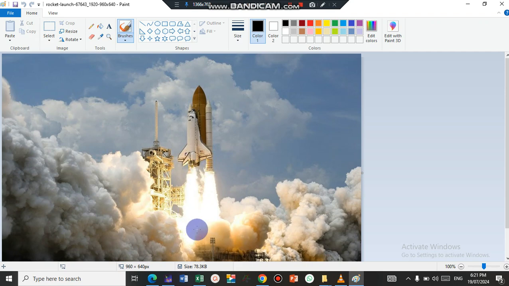The hot gases will come out with great speed, with the action force. Now the rocket would move upward with the reaction force. So you have action and reaction that are equal and opposite. Again, you can think of it as the recoil of a gun that we explained previously.